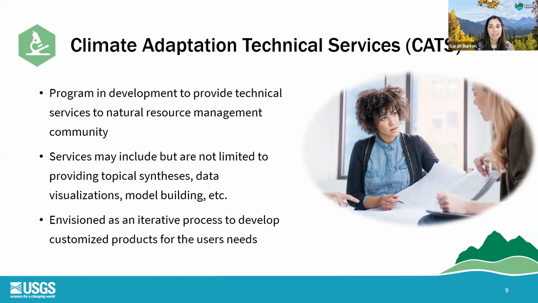So the idea for this, the services that may be included in this, as they're in development phases right now, is providing something like a topical synthesis on the available resources out there. So say you want to know what the available resources are on sagebrush biome in the West, for example.